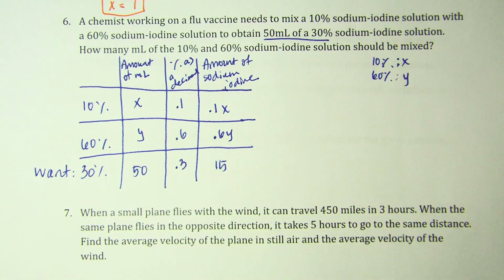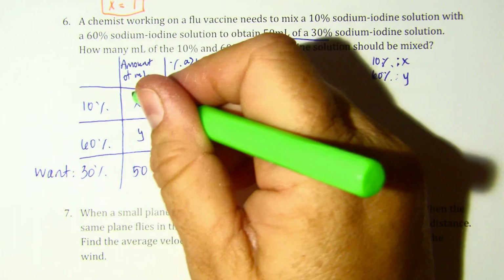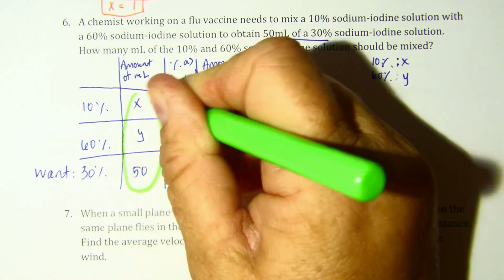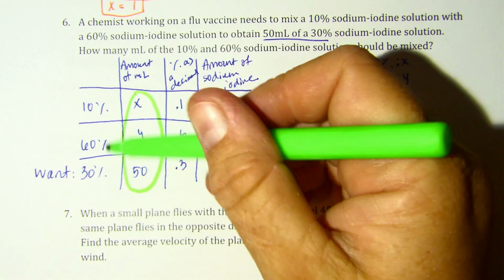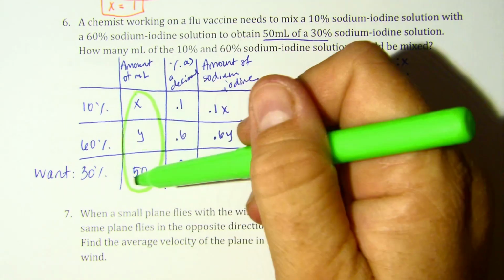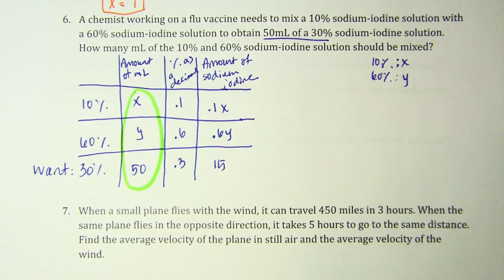So we have two equations we can write here. We know that X plus Y, however much of the 10% plus however much of the 60%, when we mix those together, we need to have 50 milliliters. So we know that X plus Y equals 50.